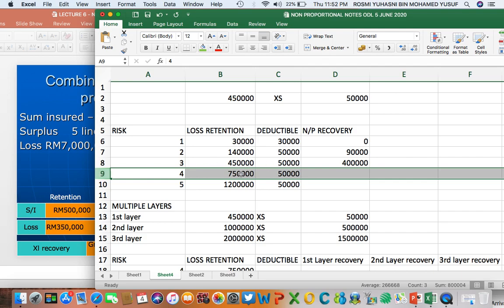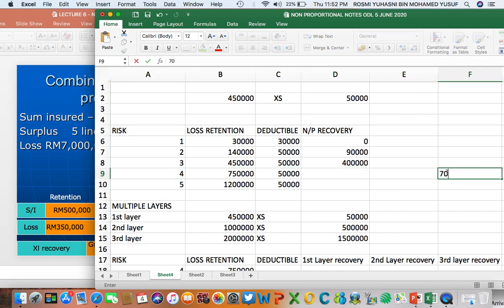Okay, now we move to risk number 4, with an incurred loss of 750,000. Deduct the deductible of 50,000, there is a balance of 700,000. So how much is recovered from the reinsurer? In this situation, we know that 700,000 is more than 450,000.